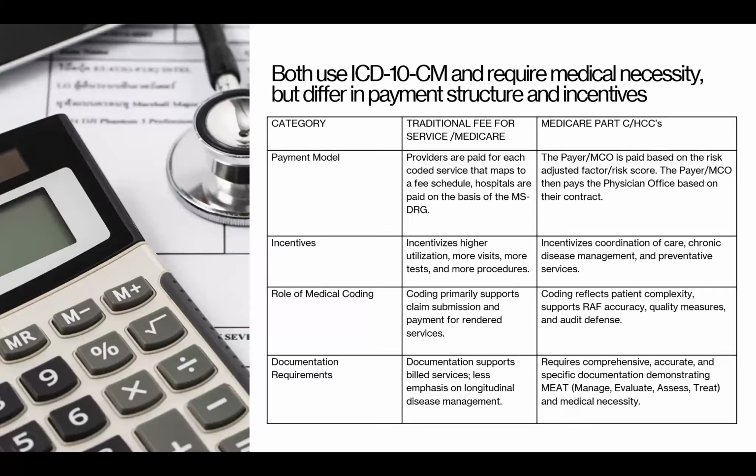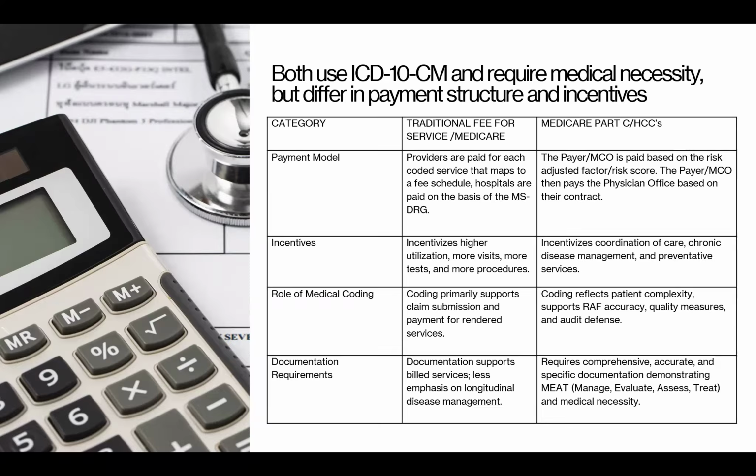With Medicare Part C and HCCs, it's all about the risk score. The payer or managed care organization then pays the physician's office based upon their contract. It could be a percentage of what the health plan gets paid per member per month. We'll look at a few examples in just a little bit.